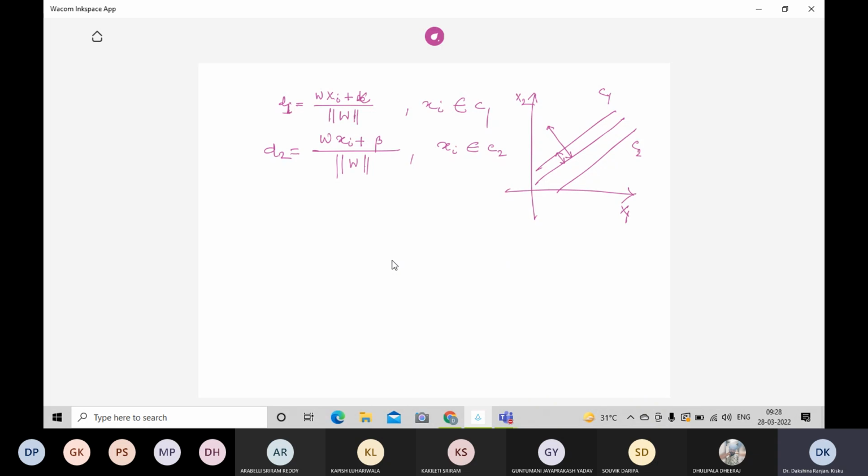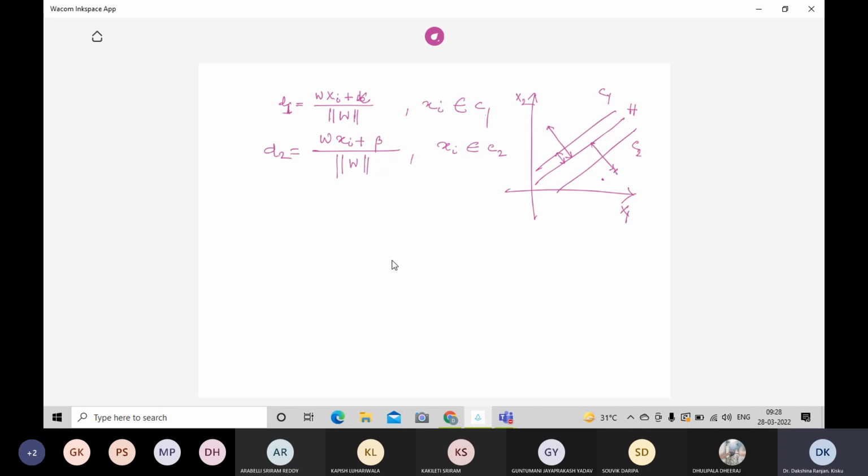So d1 equals (w xi plus alpha) divided by the norm of w, when xi belongs to class C1 or positive class. Now if we consider any point in class C2, this is the distance between that point and the hyperplane. This is our hyperplane H. This distance is specified by d2, where d2 is (w xi plus beta) divided by the norm of w.